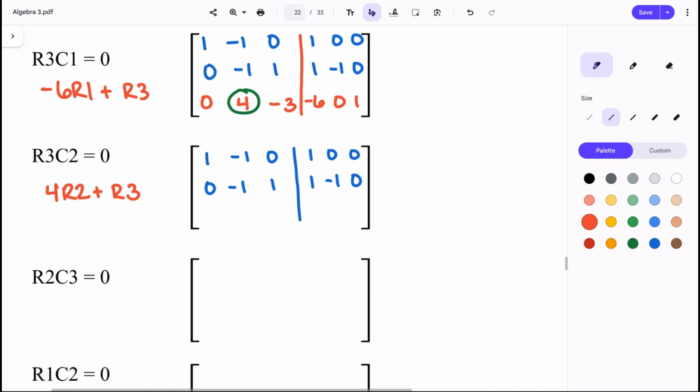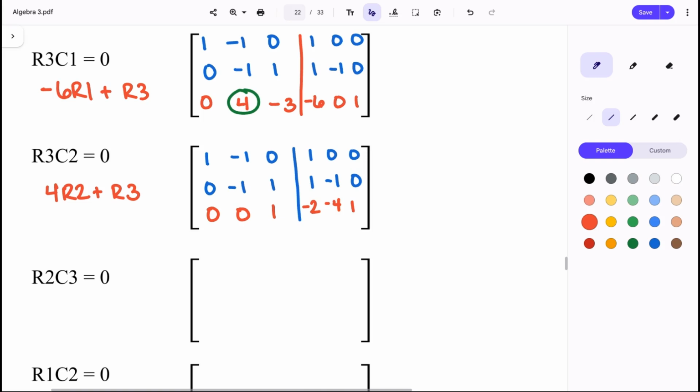So I'm going to start doing that here. So I have 0, 0, 1, -2, -4, 1 for that last row there.